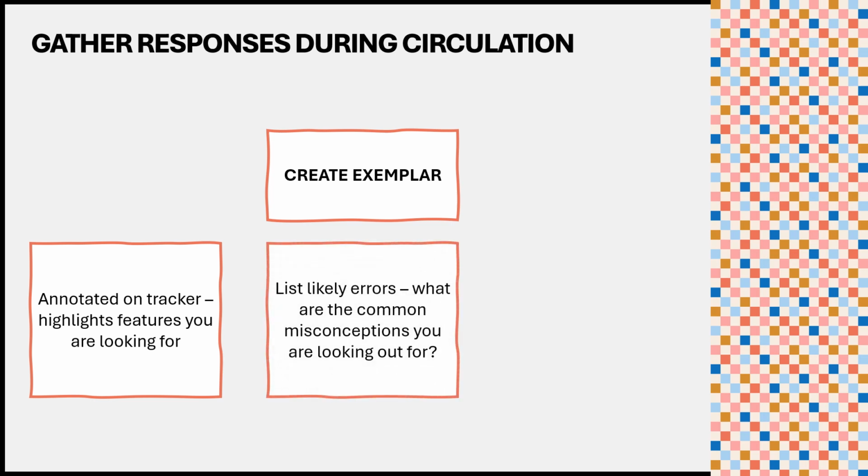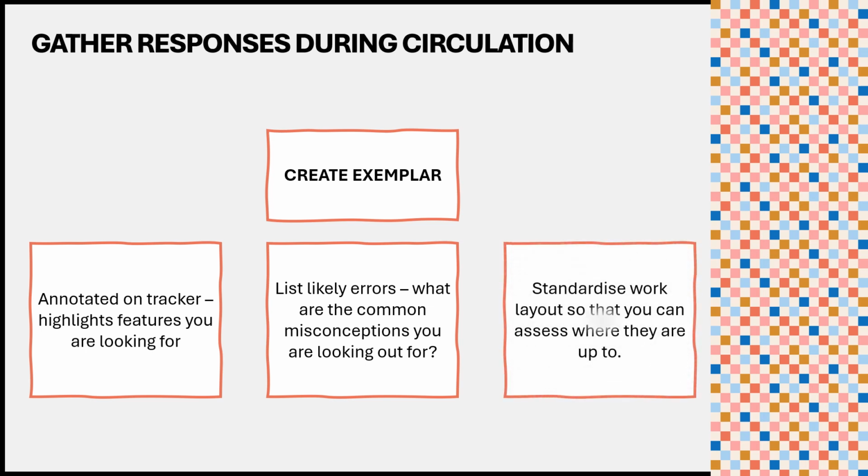An important part of this tracker and any exemplar that we put together is that we list those likely errors. So we include those likely misconceptions, and those errors that we're going to look out for when we circulate. This will enable us to give much more accurate and much more efficient feedback as well.